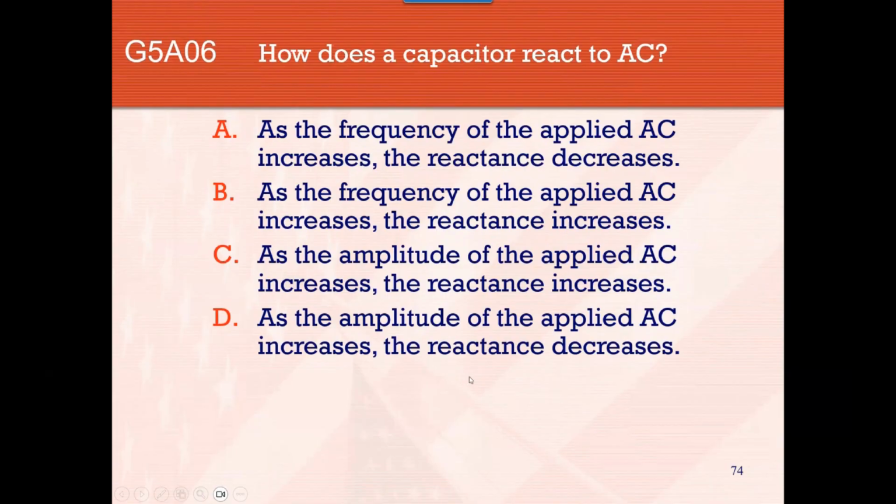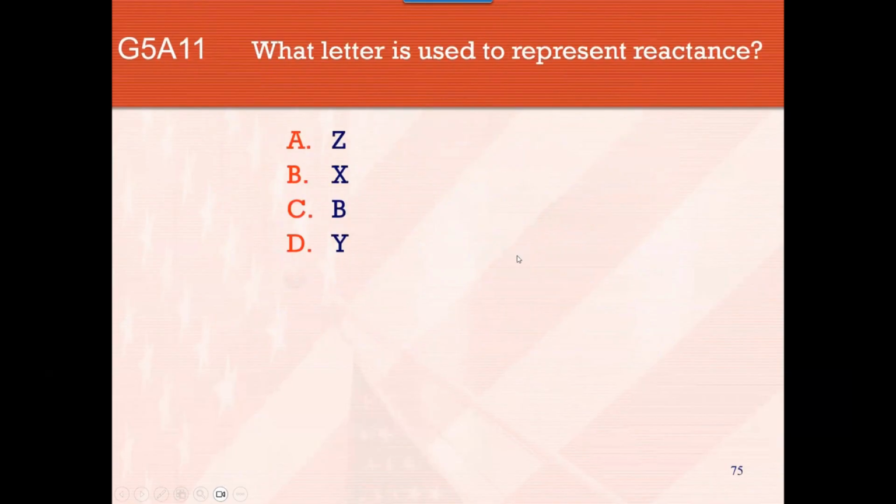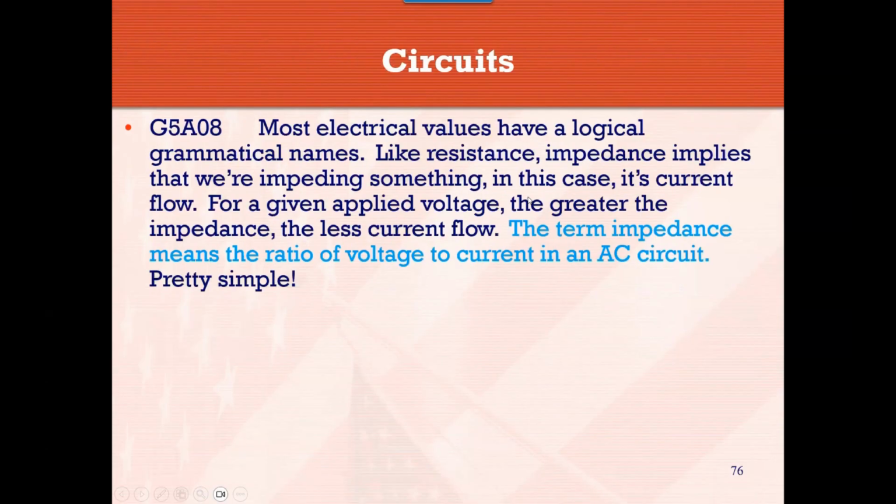As the frequency increases, the reactance will decrease. And the letter used to represent reactance is the letter X, whether it's X sub L or X sub C. Reactance is represented by X. When you put the X sub L and the X sub C along with resistance R, then it becomes Z, impedance.